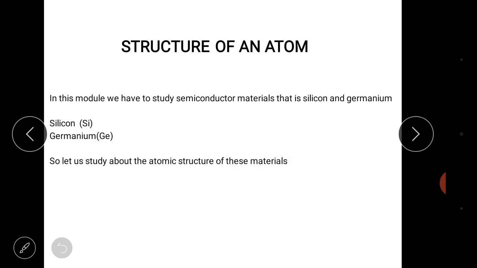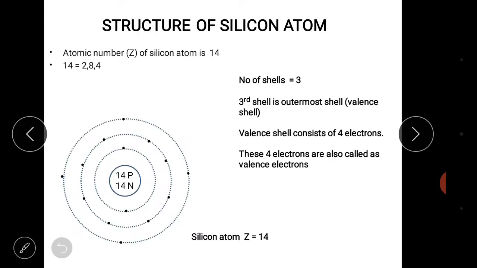In this module we have to study semiconductor materials, that is, silicon and germanium. So let us study the atomic structure of these materials. The atomic number of silicon is 14.